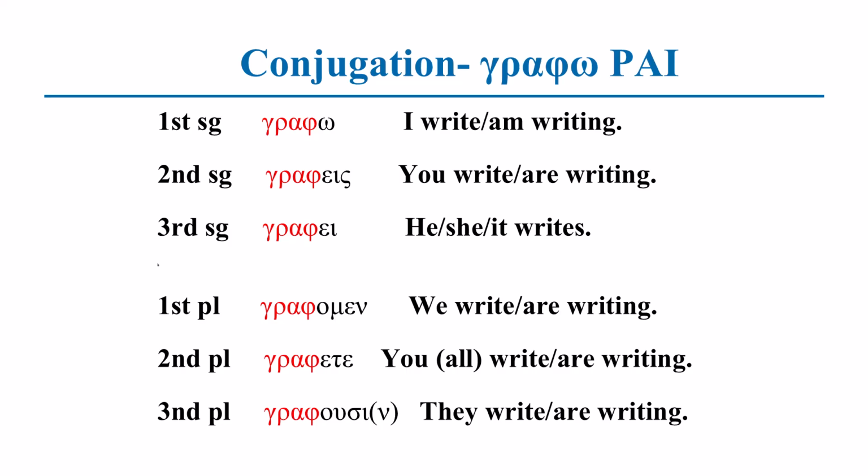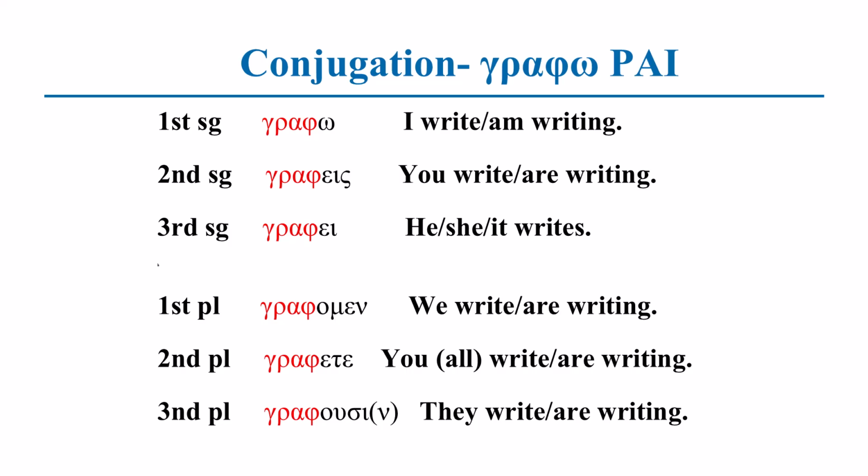When you're asked to conjugate a verb, it will always be given in the first person singular. So if you're in the present tense, it will be given in the first person singular, present active indicative. Or if they want you to conjugate it in the middle, it will be given in the first person singular, present middle indicative. If they want you to conjugate it in the passive, it's going to be given in the first person singular, present passive indicative.